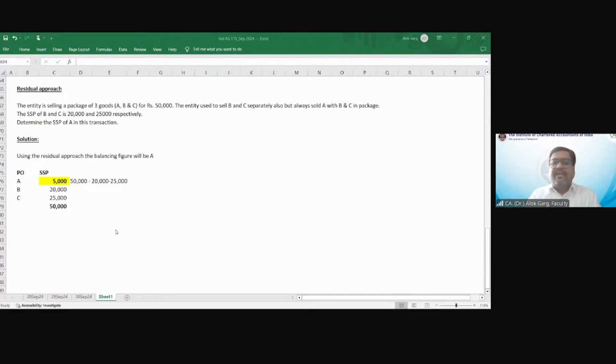There are two important aspects, friends, which we are going to discuss in this case. Number one, important concepts. Whenever a question comes, it will largely come on this aspect. Concept number one, allocation of discount to performance obligations.